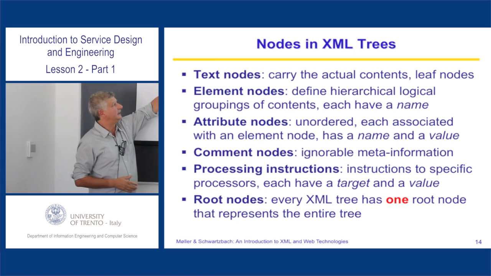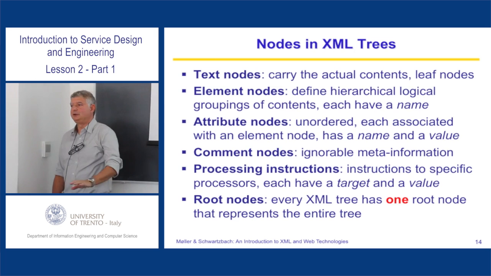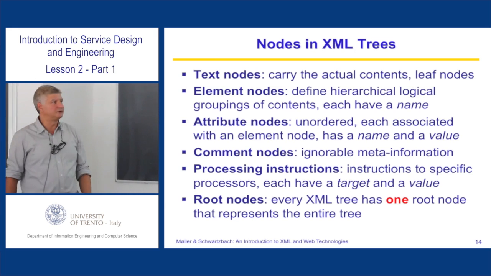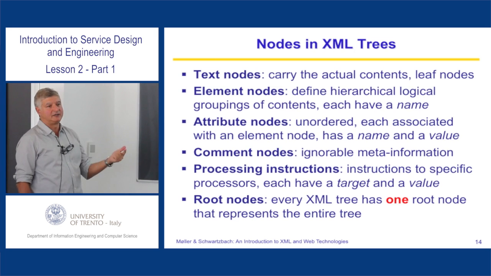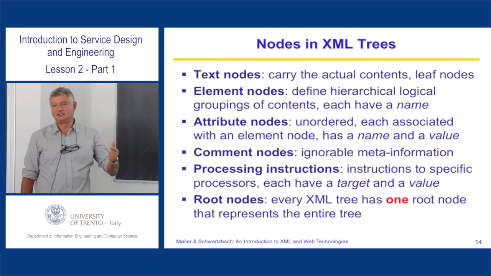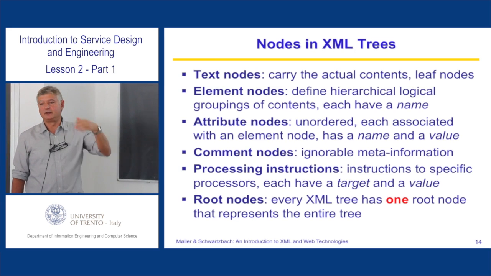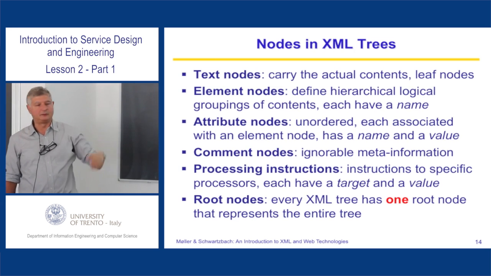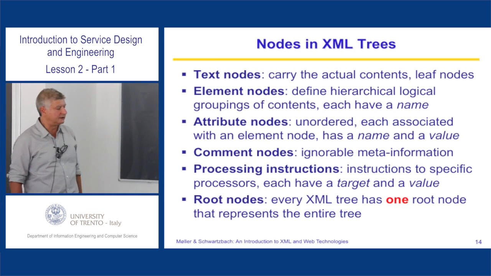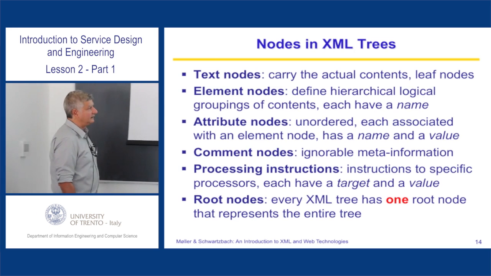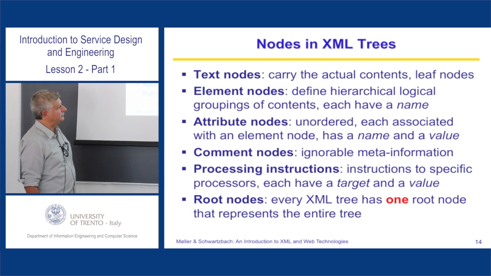And then you have the usual stuff that you also have in normal programming languages, because you need comments and sometimes you need processing instructions, which are always the headers, like where is the standard, to which format, what kind of character sets you are going to use.